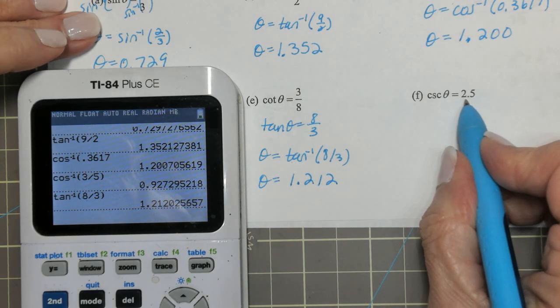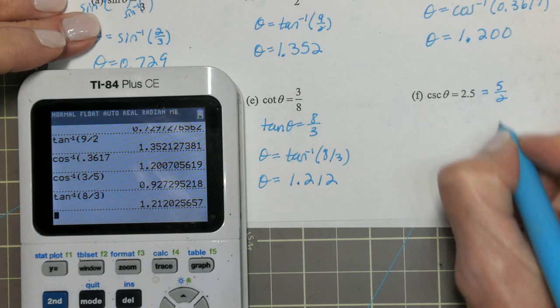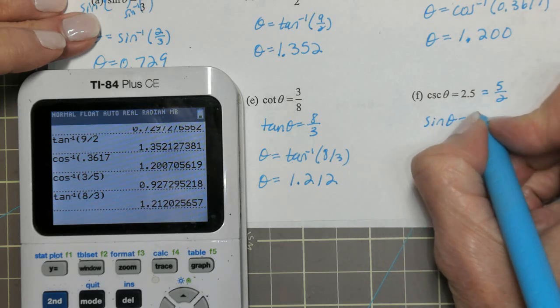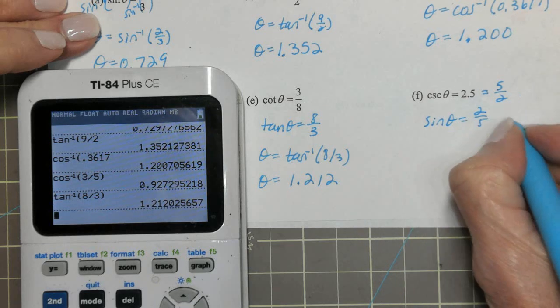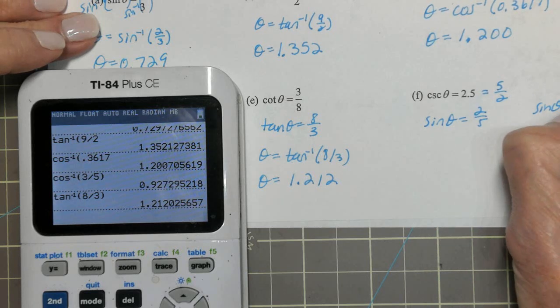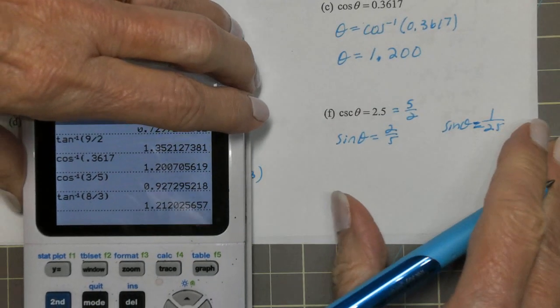Cosecant of theta is 2.5, which is 5 halves, right? Therefore, sine of theta is 2 over 5. You could have left this sine of theta as 1 over 2.5 if you want to. Either one is fine. Okay?